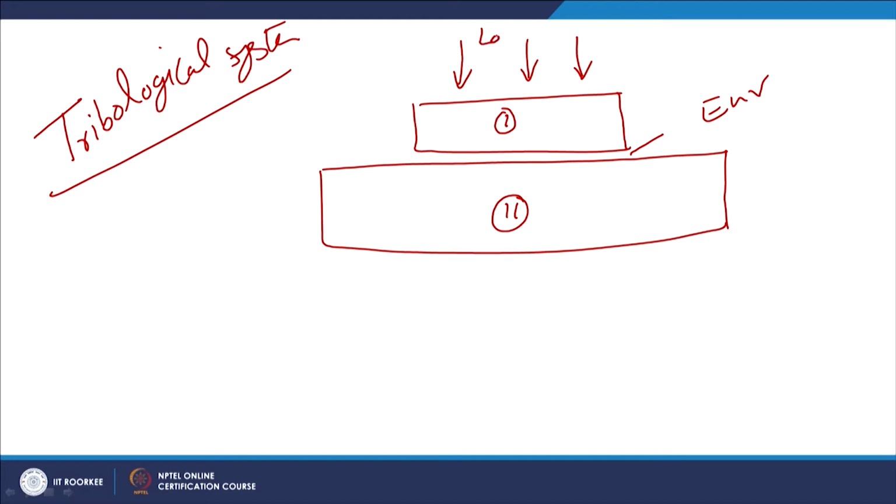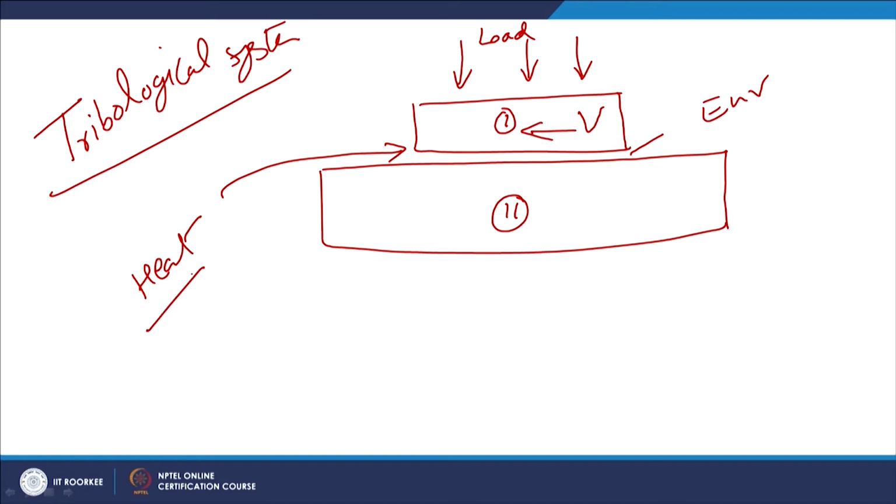Whenever there is a movement of one component with respect to another, there is a relative movement, called relative velocity or sliding velocity, depending upon the kind of configuration. Whenever there is relative movement, some work is done, and that frictional work gets converted into heat. So, some heat is also generated.